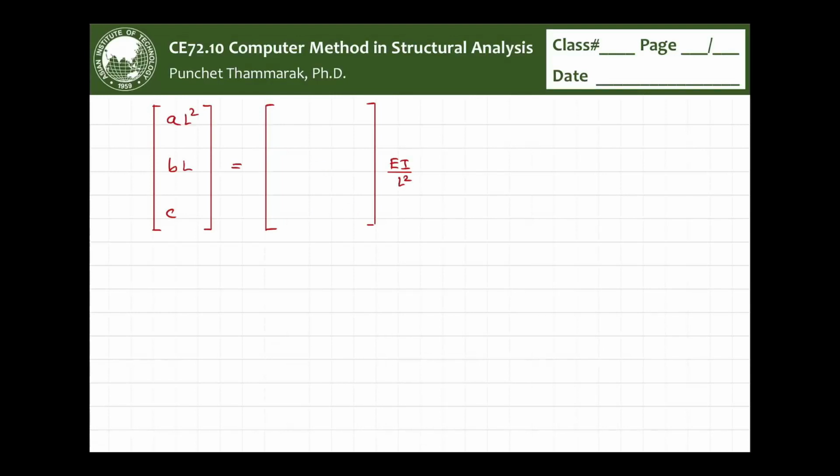Okay, I got a equals to minus 18,750, b equals to 87.5, and c is minus 0.01875.